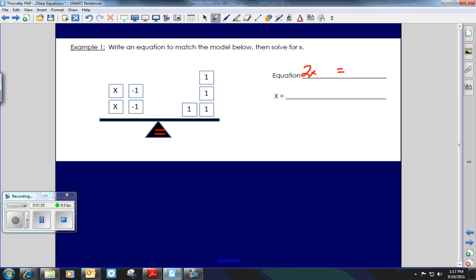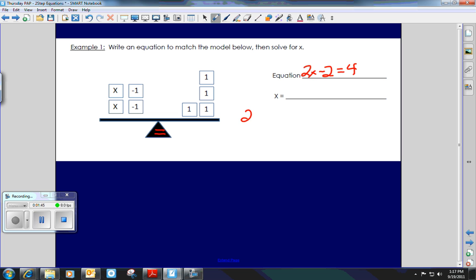And then I have two negatives, so that's minus 2. I could also do 2x plus negative 2. That's fine also. Okay, so 2x minus 2, and on the other side of the equal sign, I have a positive 4. So that's my equation, 2x minus 2 equals 4.